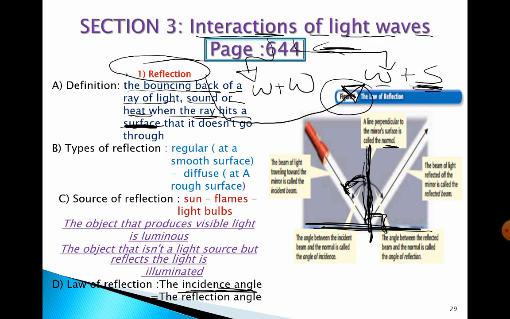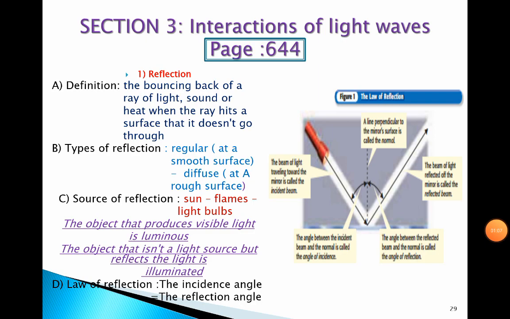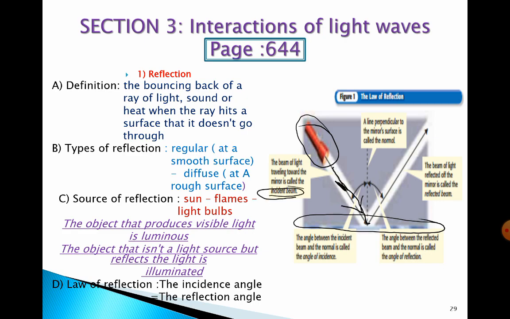For example, in figure 1, I have a source of light and a mirror as a surface. The beam of light traveling toward the mirror is called the incident beam.